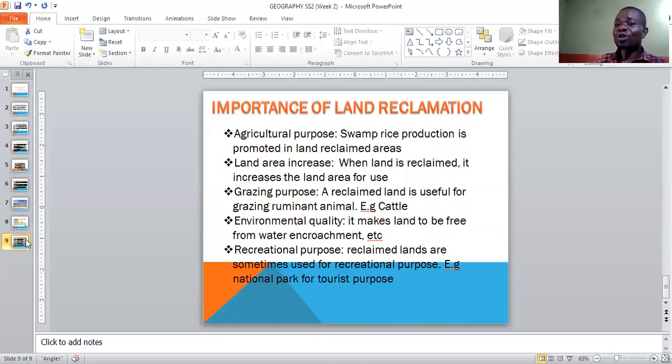That land was reclaimed. Also, it was a bad land. Even the government in Lagos do reclaim land. They go to Ikorodu, even get to areas that are not good. They will fill the land. Reclamation can be done manually, like I told you. It can also be done mechanically. You use machines to take the land and fill them and do other things that are needed.